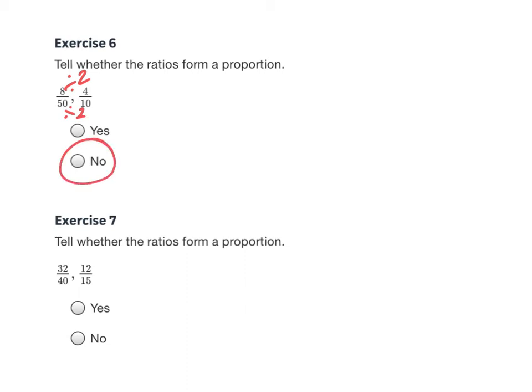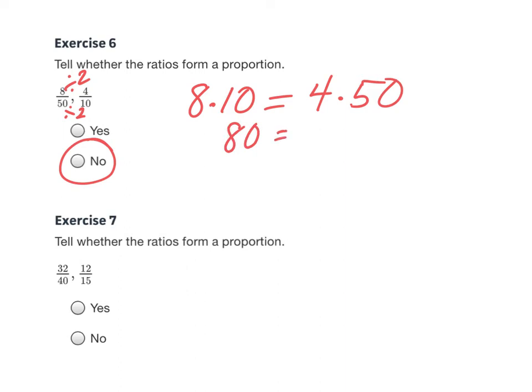So this would not form a proportion. We can also see it with the cross products, which is 8 times 10, 4 times 50. That's going to be 80. This is going to be 200. So those would not be equal.